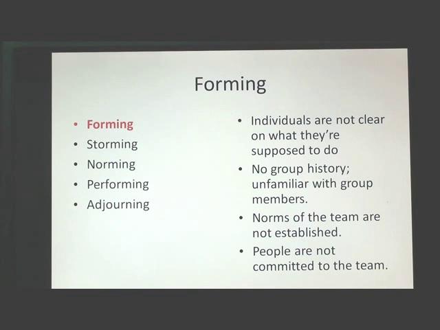They don't have a group history, they are unfamiliar with group members too, and norms of the team are not established yet. People in the group are not committed to the team, as this is the first step of developing the group.